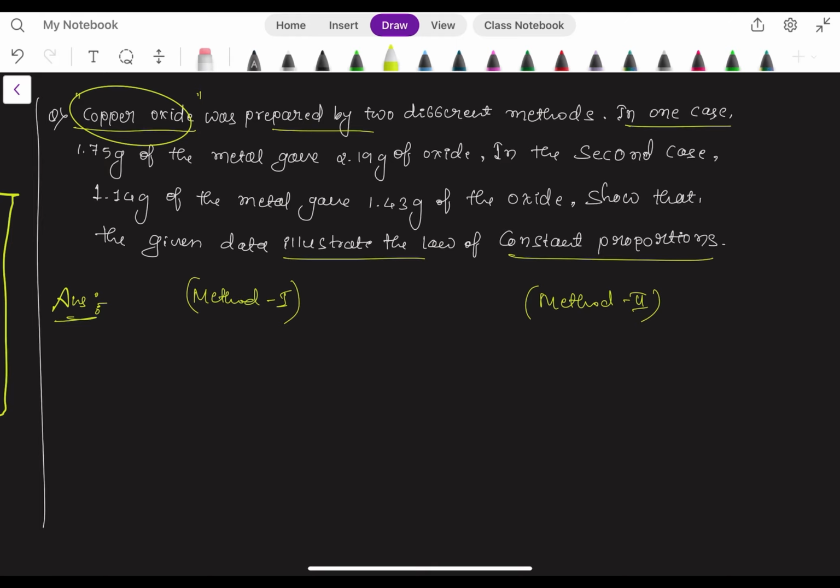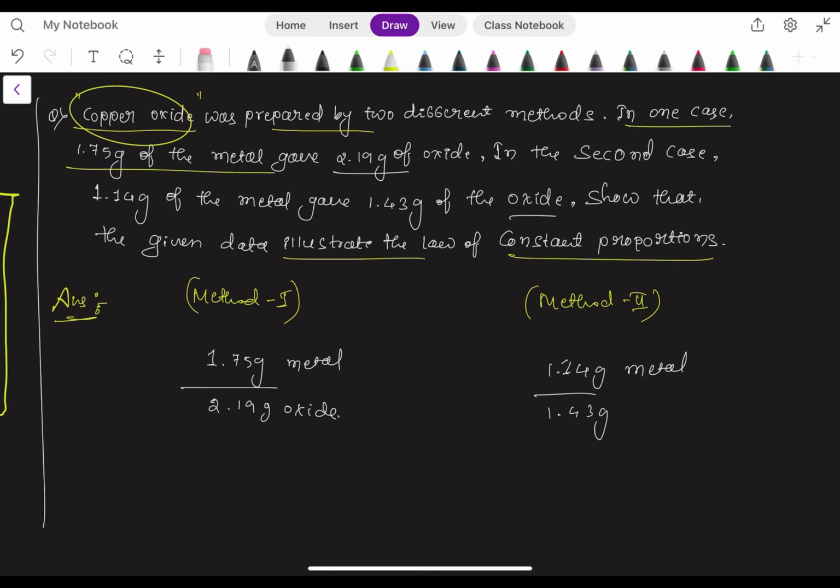In the first case, 1.75 gram of metal gave 2.19 gram of oxide. In the second case, 1.14 gram of metal gave 1.43 gram of oxide. Then we have to show that it follows the law of constant proportion.